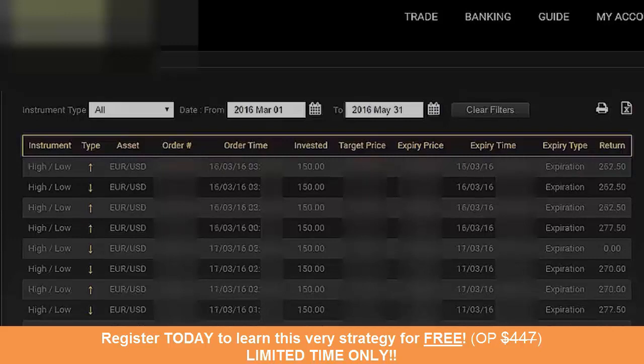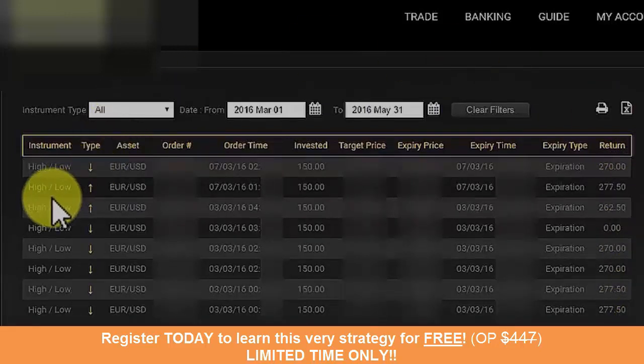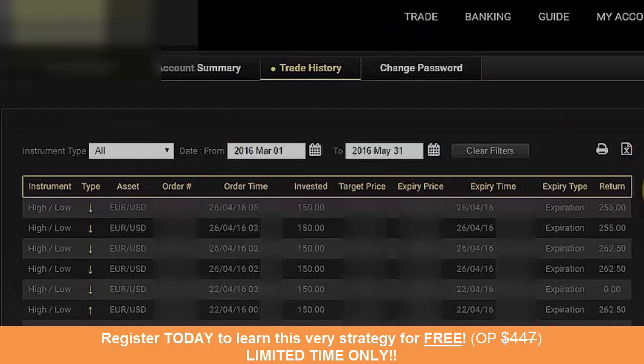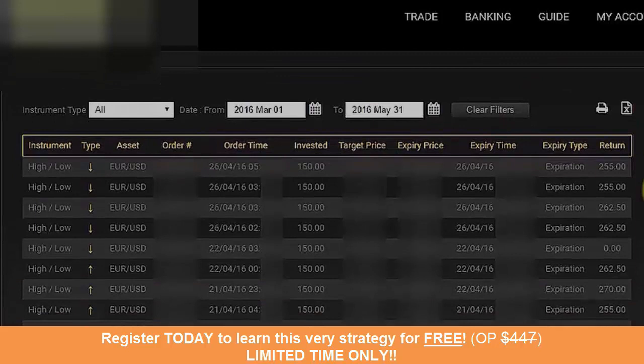The other thing you will notice is that the returns are different. You'll be wondering, it's the same instrument, the same asset, why are the returns different? Well, the returns do change from time to time, based on time and based on the asset that you're trading. At this particular time, the Euro USD may be giving you a return of 70%, but the Aussie dollar may not give you 70%.